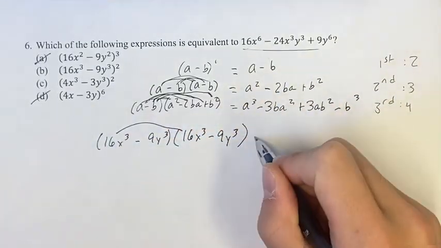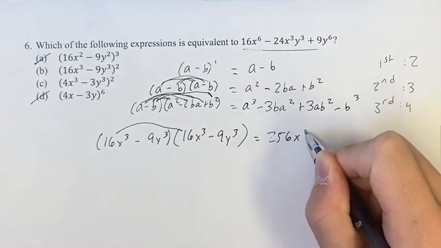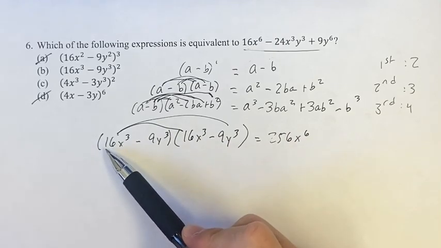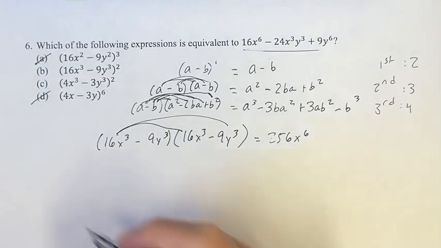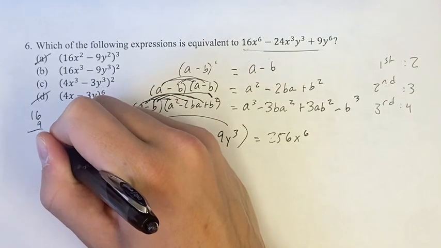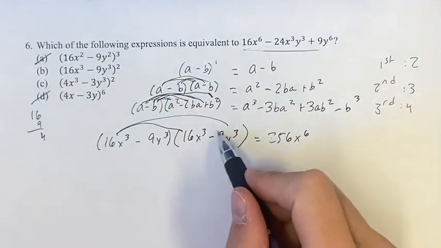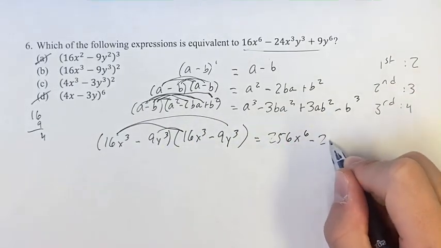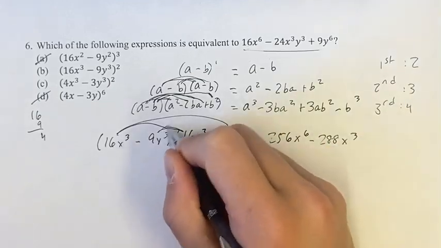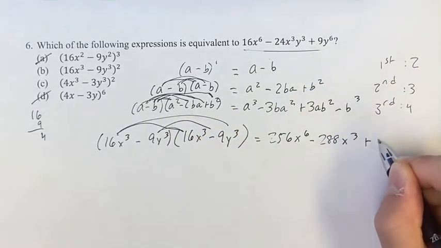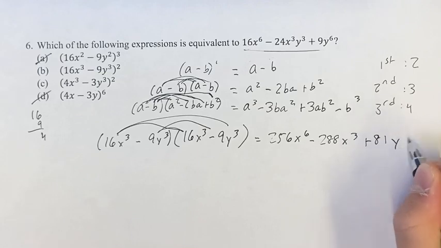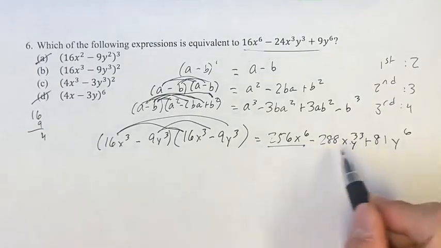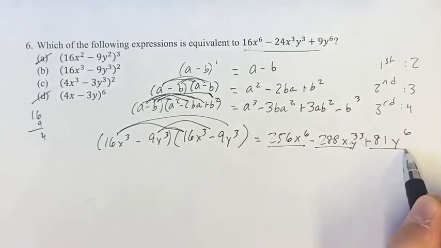So 16 times 16 is 256, x to the sixth, minus 16 times 9, which is 144, minus another 16 times 9, that's another minus 144, so in total it's minus 288, x cubed, and then finally negative 9 times negative 9 is positive 81, y cubed times y cubed is y to the sixth. So 256x to the sixth minus 288x cubed y cubed plus 81y to the sixth.